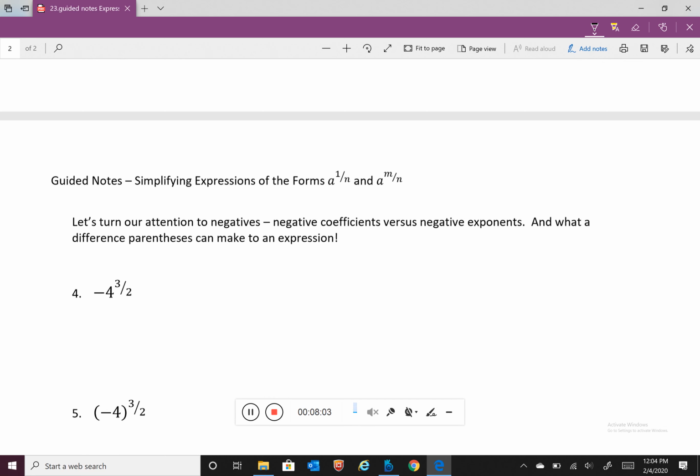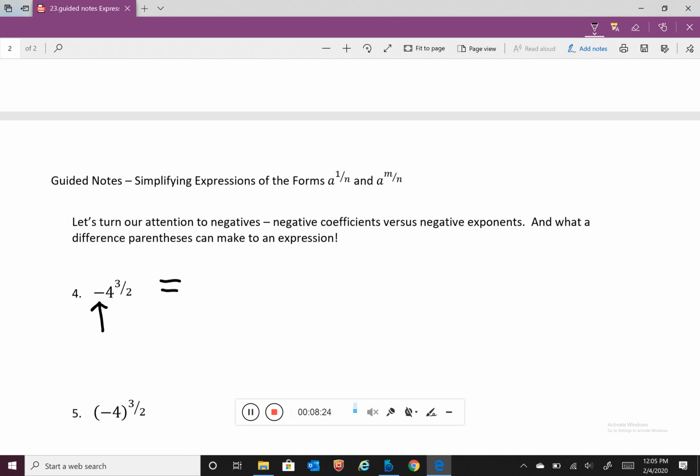So for our first one, we want to recognize that this is read as the negative of 4 raised to the 3/2. Notice that the negative is not part of our base. The base is 4, and only 4 is being raised to the 3/2.